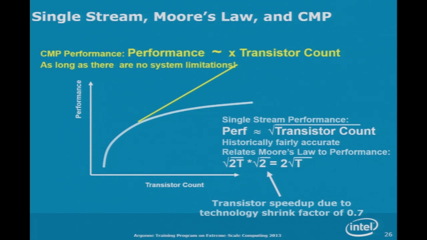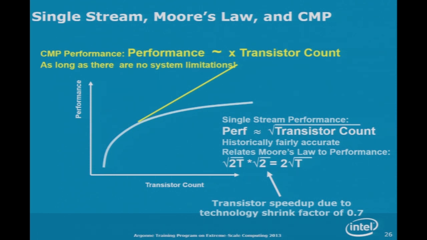When you couple that with the fact that the transistors got the square root of 2 faster, 1.4 times faster, and the IPC increased by 1.4, 1.4 times 1.4 is 2x, which says that Moore's law doubles performance every 2 years, even though his law basically says I double the transistor count every 2 years. But then architects squeeze that increase in performance out of the added transistors.